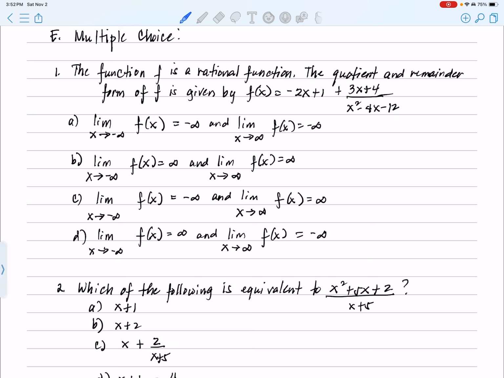What would be the limit notation of this? Looking at this, we could say this is the slant equation. Oh, my handwriting is awful.